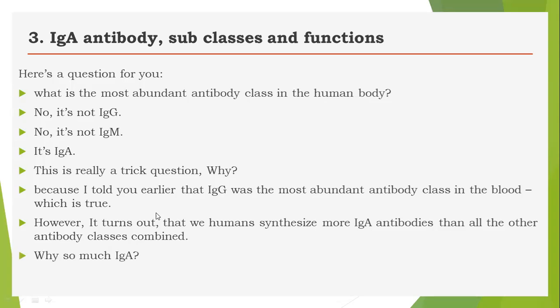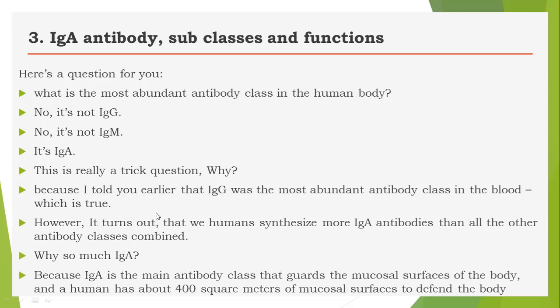And the reason is that the IgA antibody provides protection for all mucosal surfaces in the body. And remember that in terms of mucosal surfaces, this ranges to about 400 square kilometers. And immunoglobulin A is found in all these mucosal surfaces that are lining the body.